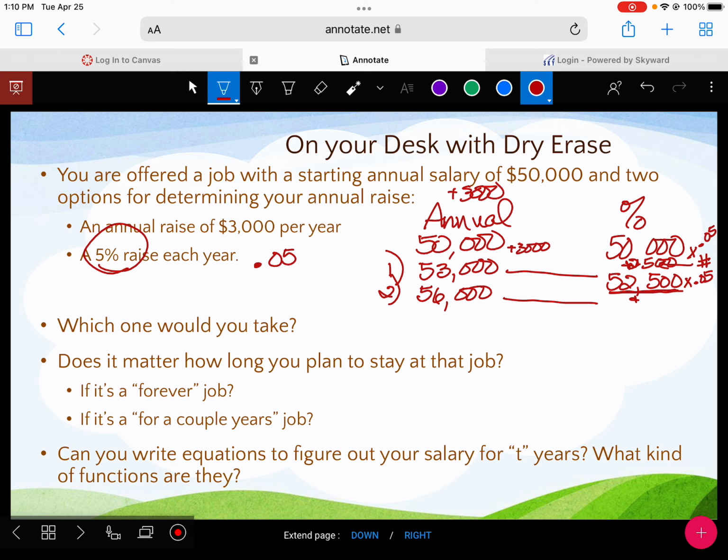$52,500. Second year, we got 56, and then we have over here $55,125. Now, I did not round until the very end, okay? Adding 3, I would have 59,000.